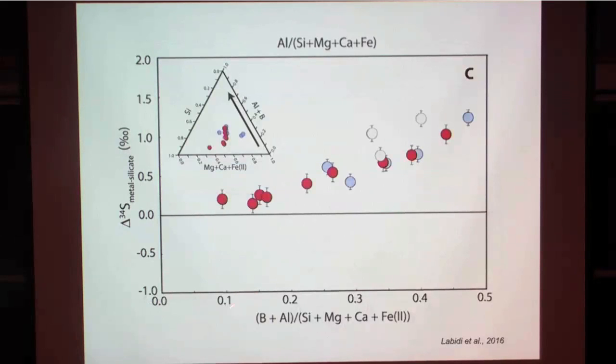And what we find is that boron and aluminum, which are network formers, right, tend to increase the fractionation of sulfur somehow. Okay, you would think instantly polymerization, but we did the experiments with silicon, and silicon has no effect on the system at all. And so there's something about boron and aluminum in these silicate melts that's causing the bonding of sulfur to be different in the melt.